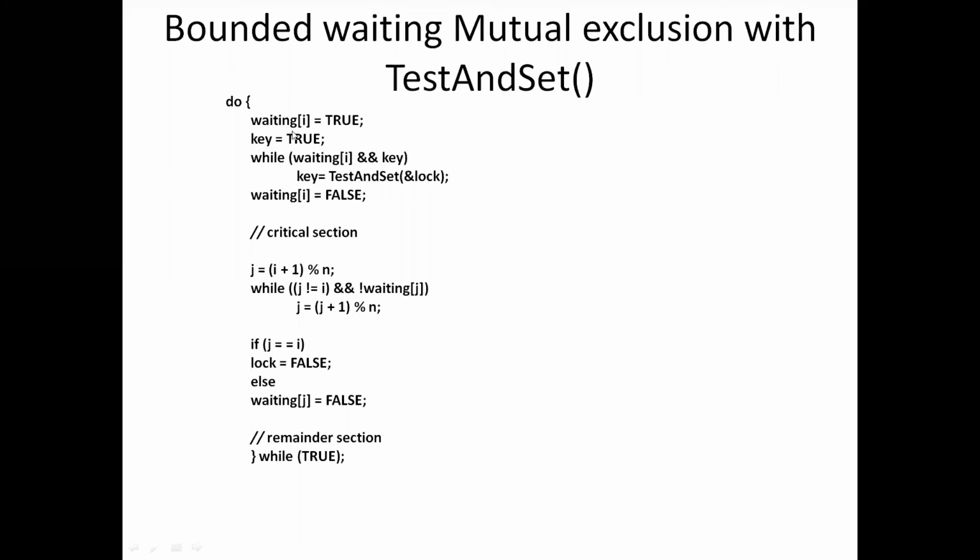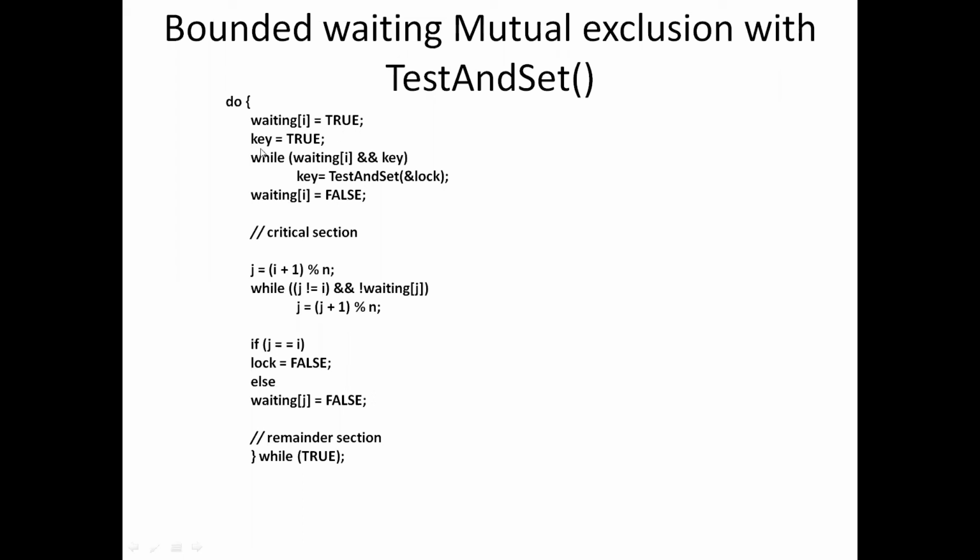First we assign waiting of i equal to true. If any process wants to enter into the critical section, its waiting value should be true. Assume that process 0 wants to enter into the critical section, so we assign waiting of 0 to true.